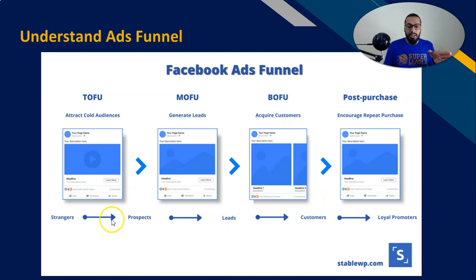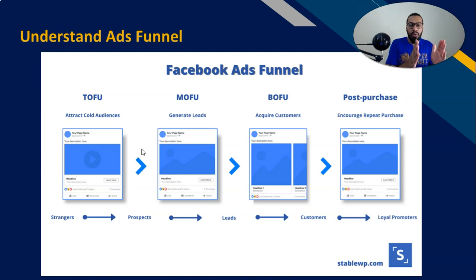From stranger to prospect, prospect to lead, lead to customer, and after that another funnel can be post purchase, encouraging repeat purchase. So from customer, they convert into a loyal customer. So basically, you have to create a funnel, and after creating a funnel, you have to plan out your campaigns.